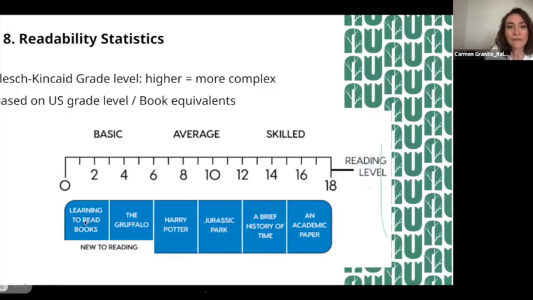So for example, if a text scores level 2, then it's entry level, books for people who are just starting to learn. If it scores something around 8, it's something like Harry Potter. If it scores 16 or above, it's an academic paper. This is just to give you an orientation.